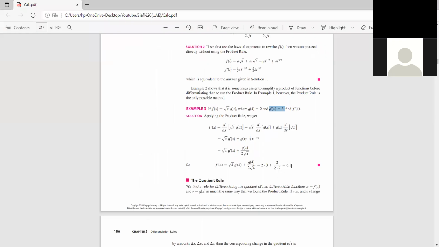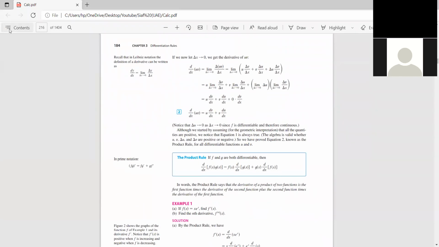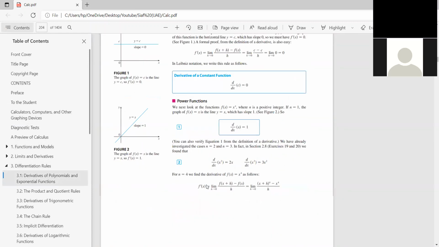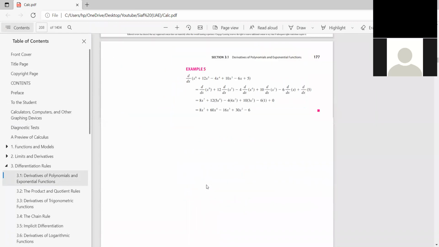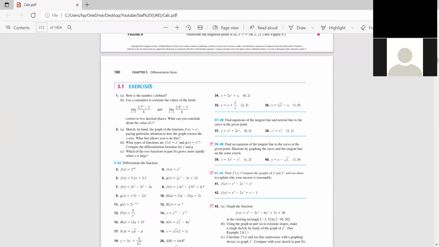So we have got 6.5. From tomorrow's session, we will be continuing with question 2. There are exercises in Chapter number 3, exercise 3.1. This is the exercise for the topic that we studied yesterday.